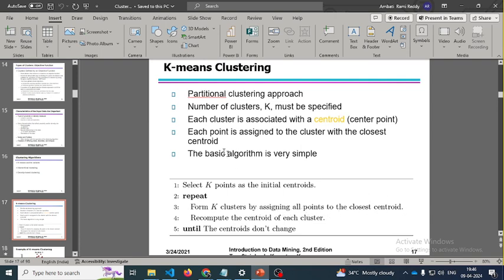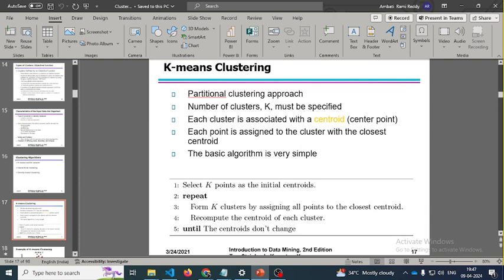For example, I have two data points, and another point is coming in. You need to test the distance between these points. Generally, people use some kind of Euclidean distance to find out which data point is nearer to that particular centroid. You may use any kind of distance technique to point out the nearest data point.